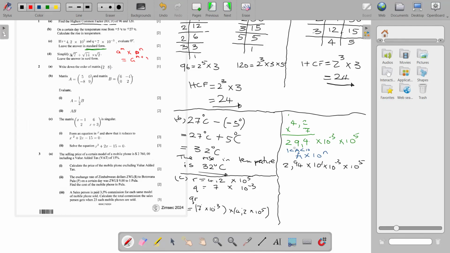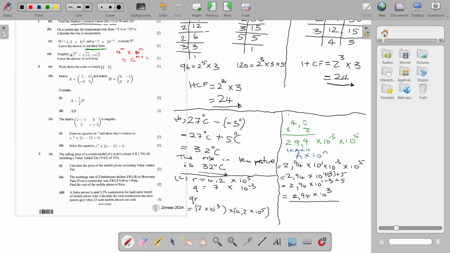So if we add the powers, our answer becomes 2,94 multiplied by 10 to the power 1 minus 3 plus 5. 1 minus 3 is minus 2, plus 5 gives us 3.